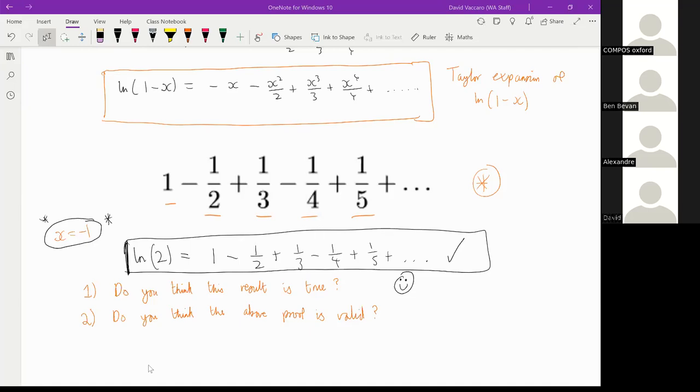The correct answer is to do something like what we did in the first question with the sine and the cosines, and to get upper and lower bounds, and to actually control the error term, and to show that the error term goes to 0.